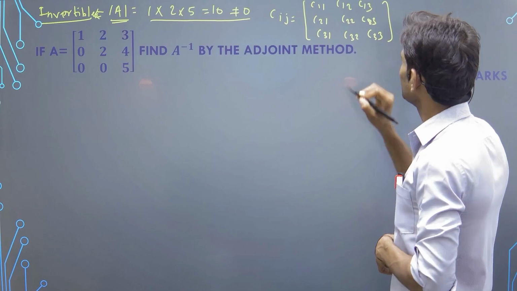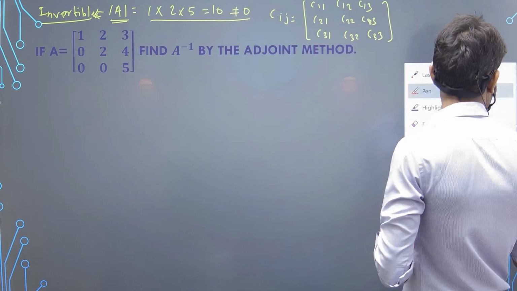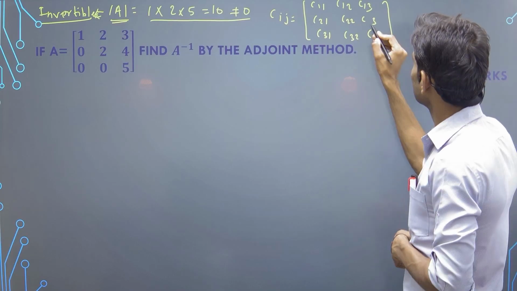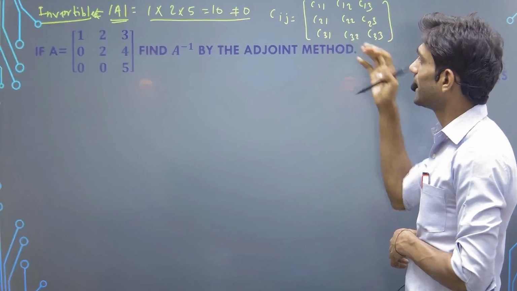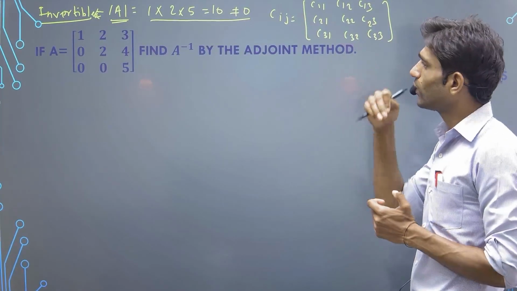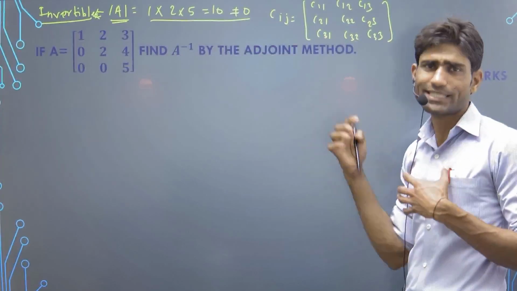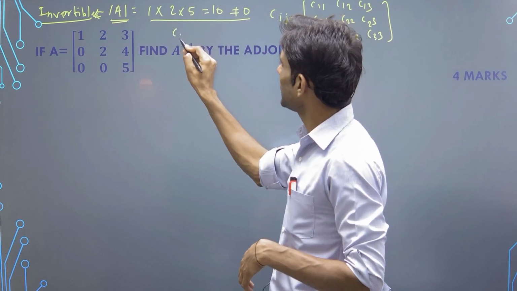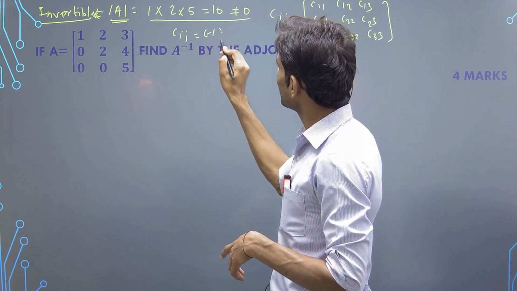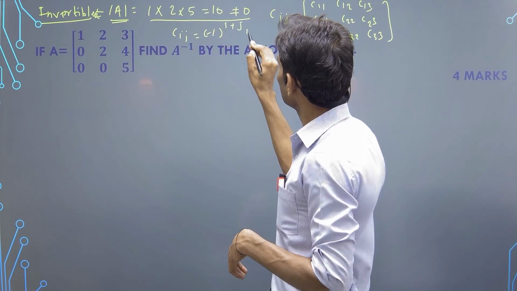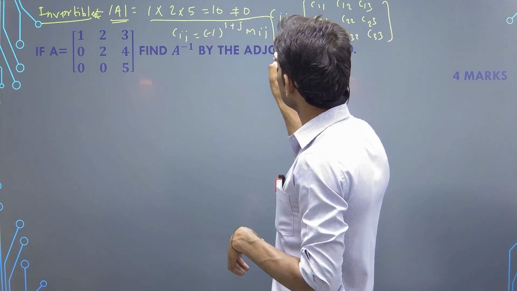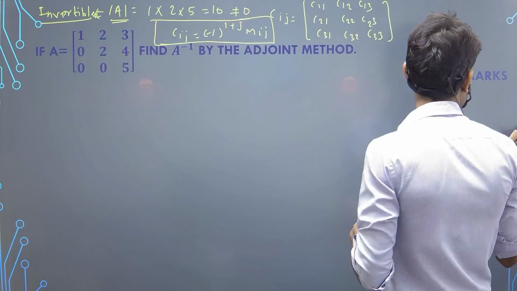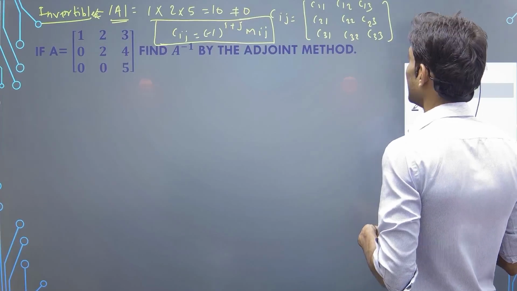Cij means the cofactor matrix, so we have to find the cofactor matrix. For finding it, we use Cij equals minus 1 raised to i plus j into the minor of ij. We use this result for finding the inverse. I hope you all have understood this.